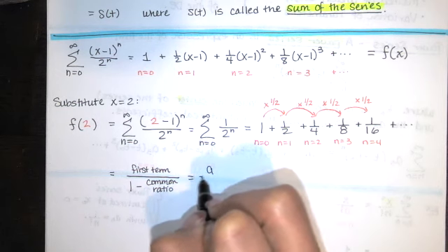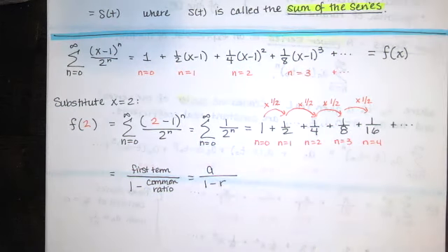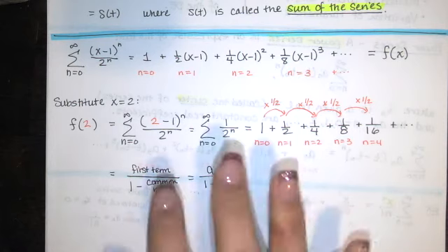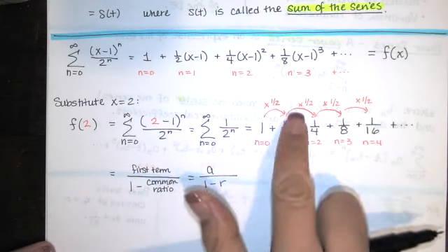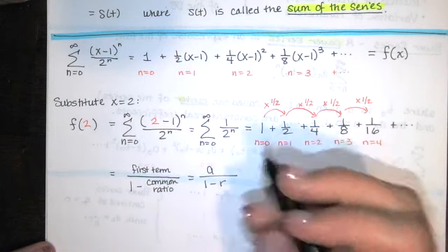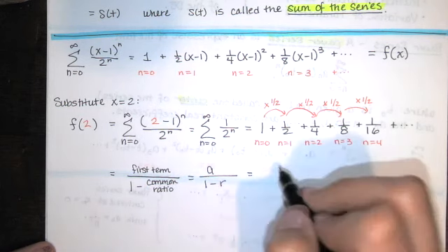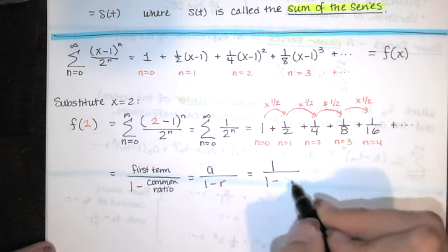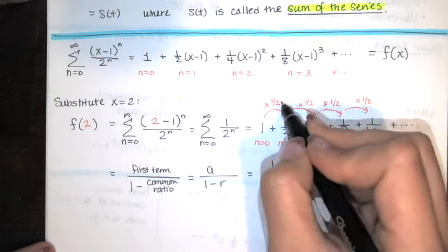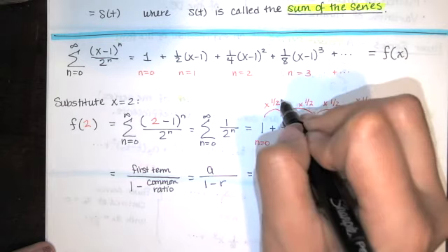Now, typically the notation used is a over 1 minus r. The notation isn't that important. The important part is that you get from term to term by multiplying by the same constant every time. The first term goes in the numerator. 1 minus the common ratio is what goes in the denominator, and the common ratio is that number that you're multiplying by. So that's our r.